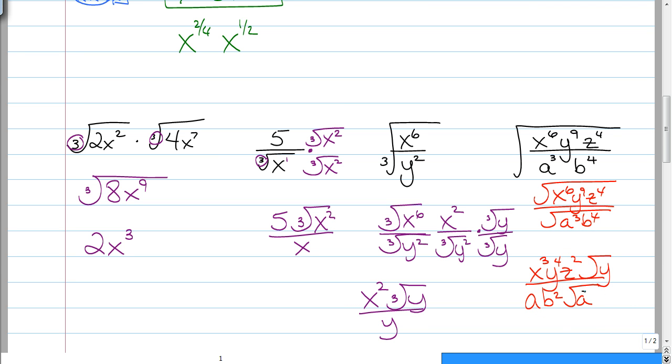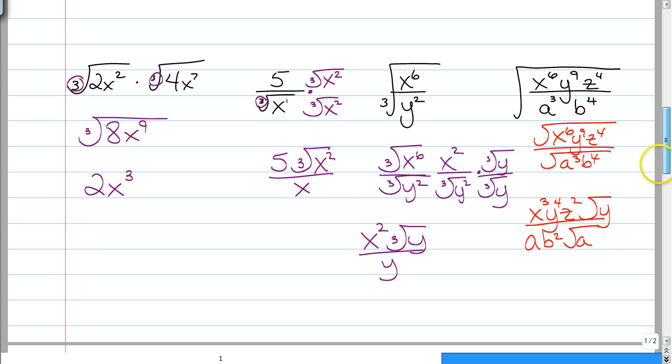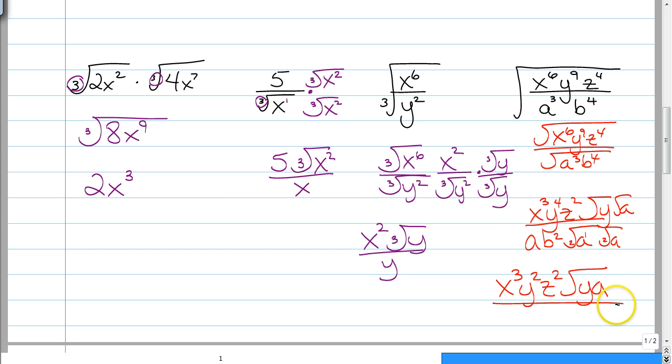So really the only thing you have left to do is get rid of the radical a that's in the denominator. So this is a 2, this is 1. You only need 1 more. So your final answer is x cubed, y squared, z squared, root ya, all over, here's the tricky part, a squared b squared.